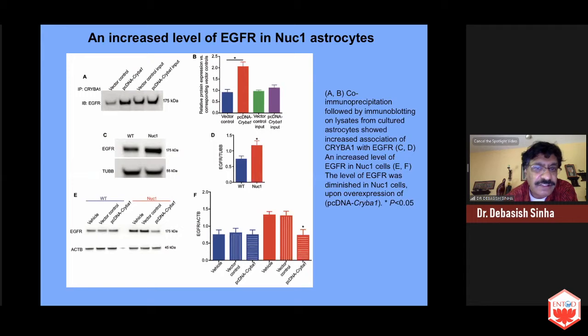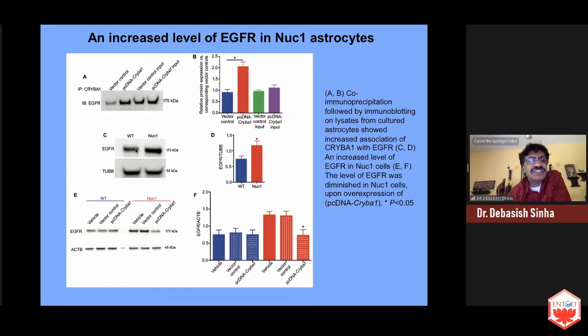The nutritional health of the cell depends on the clathrin-mediated endocytosis of EGFR, and EGFR can also undergo non-clathrin-mediated endocytosis. By co-immunoprecipitation, we confirmed that the crystallin does bind to EGFR. We also found that in Nuke rats, the expression of EGFR was significantly higher than in the wild-type rats.